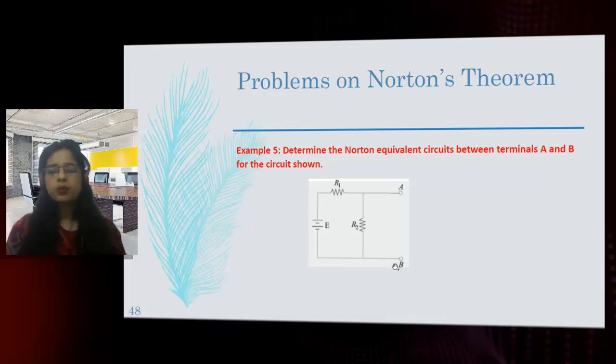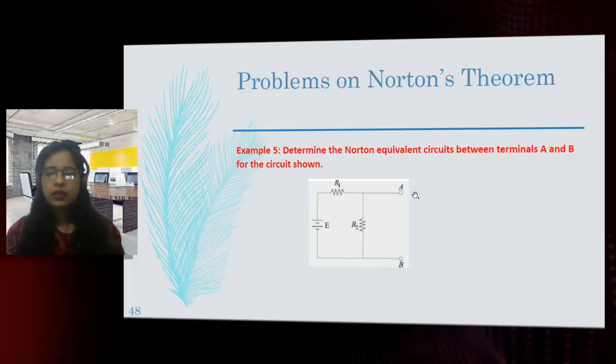What is the meaning of short circuit? Short circuit means the resistance of this path is assumed to be negligible.